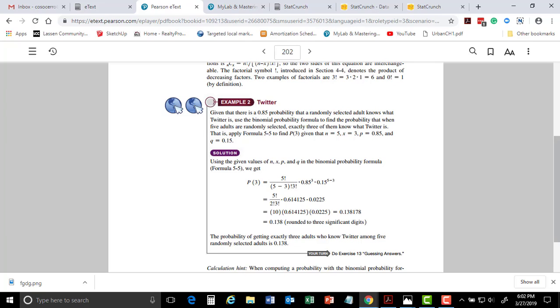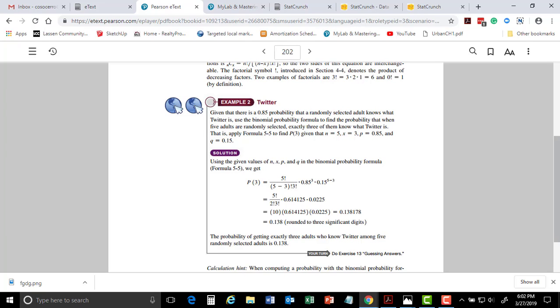So let's put that here, because we need to remember this. We got n, 5, 3, so 5 and 3, and 8, 5. That's interesting because 5 plus 3 adds to 8. 8 and 5, and then 0.15. So let's try it.